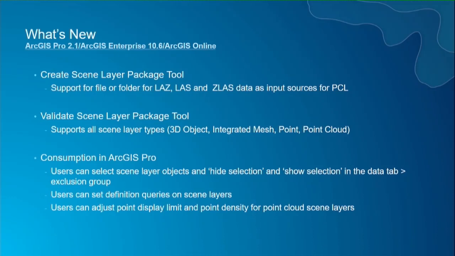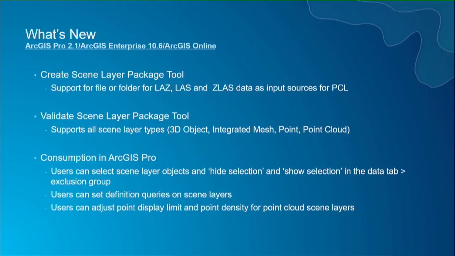And this is key especially for data providers that are churning out this content. There is a tool within the Esri suite of GP tools that allows you to validate the content that you generated. As far as consumption in ArcGIS Pro goes, users now have another requested feature: the ability to hide a building.